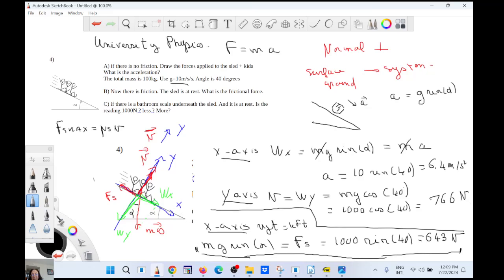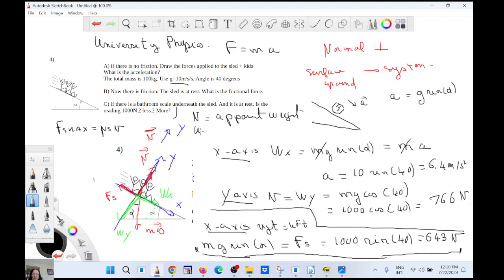Now, if you use a bathroom scale, so I'm answering this question here. If you use a bathroom scale, your reading will be the normal force, right? So normal force is always the apparent weight. So how hard you are pushing on the bathroom scale, and how hard it is pushing on you.